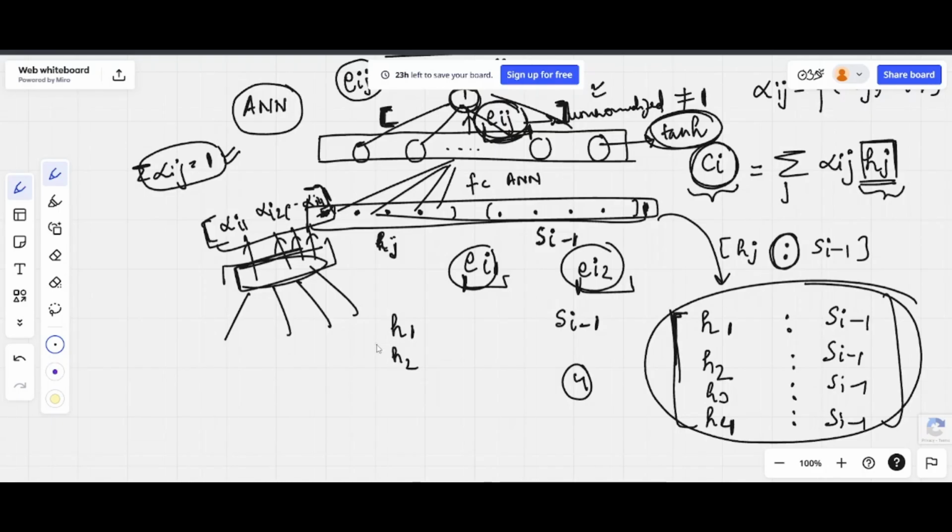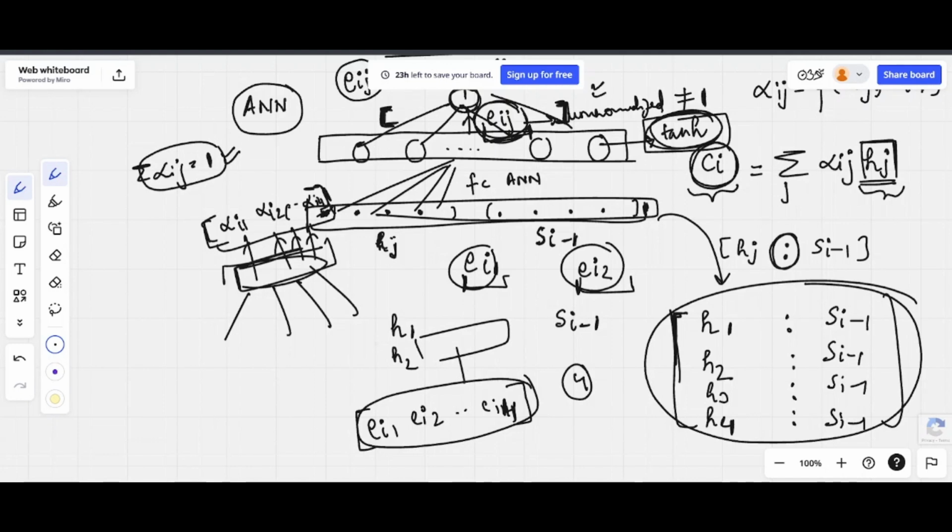The entire computation will happen based on our tanh activation function, and what we will get as output will be a vector of eij's. If we have considered 4, then n will be 4. And then this will be passed into our softmax layer, and the output that we will get from there will be our alpha ij's for our ith time step.